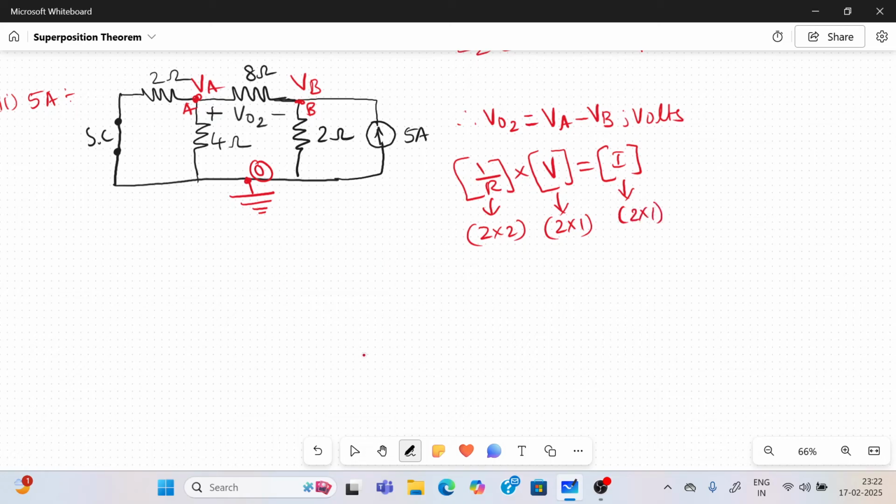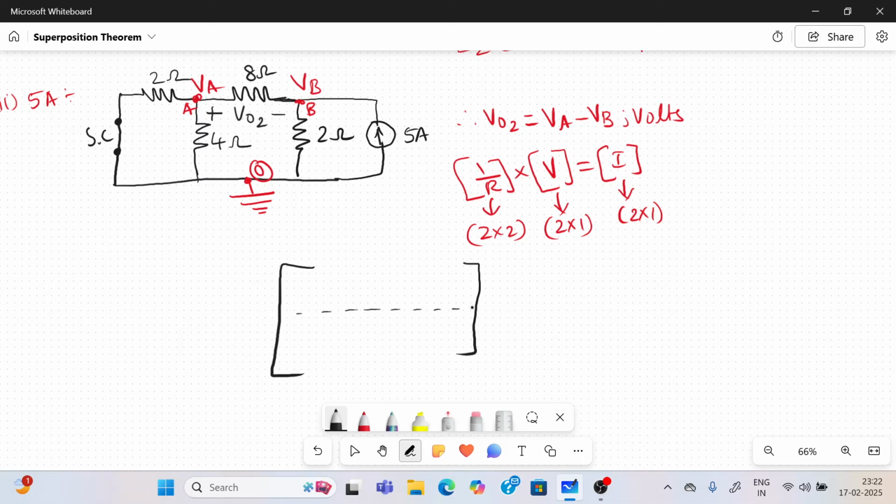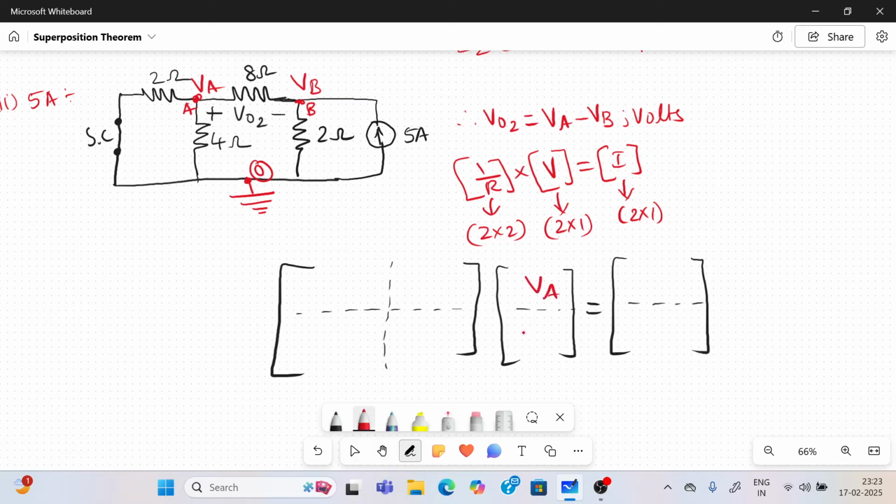Now we have to form the matrix, with VA and VB.